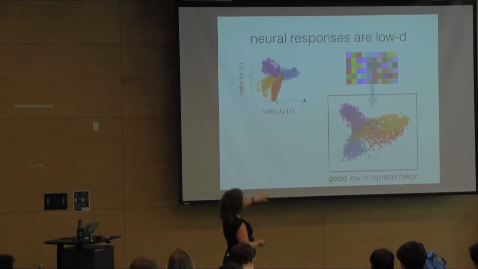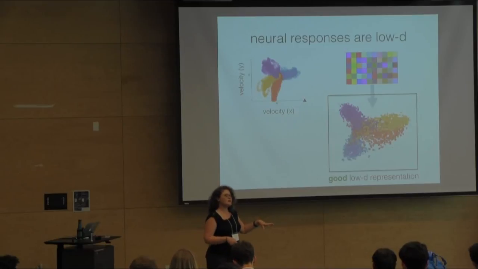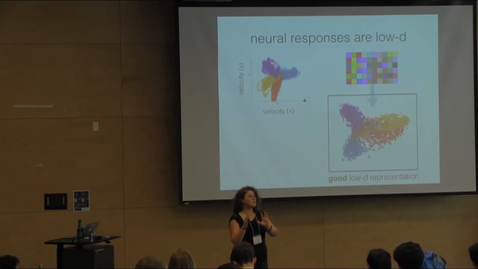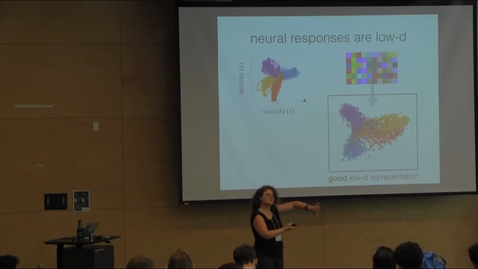When solving dimensionality reduction, you're not guaranteed a perfect overlay with your movement space, but if you do the dimensionality reduction right, you're going to have a linear or an affine transformation that could be applied, some rotation of your low dimensional projections that would then match up with the true thing that you're trying to decode.